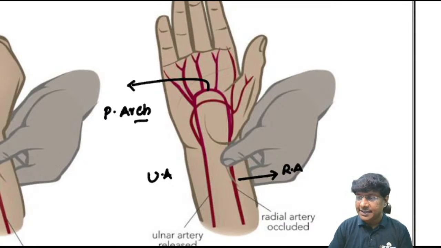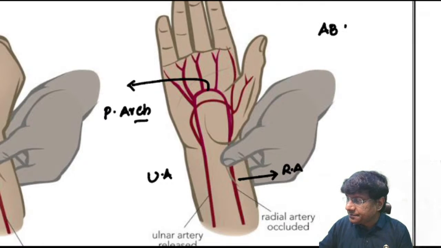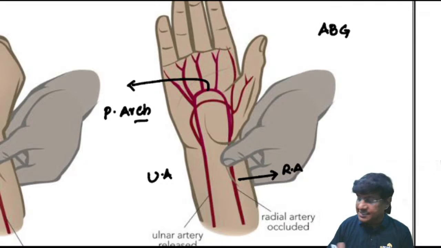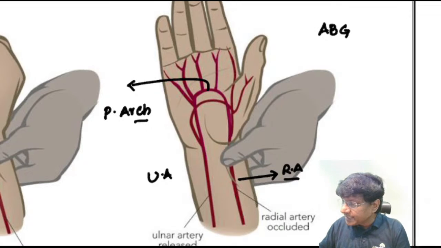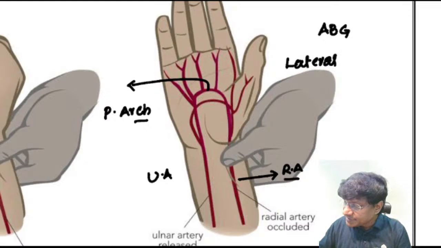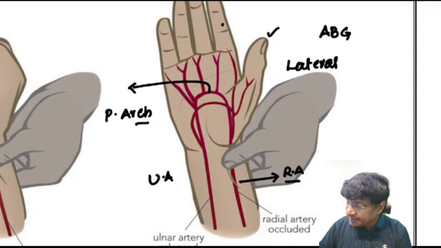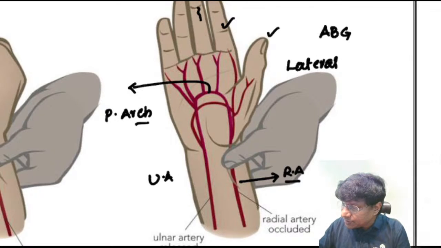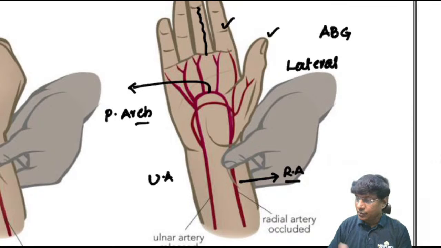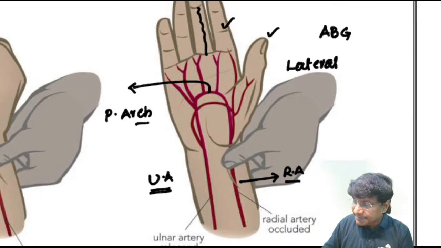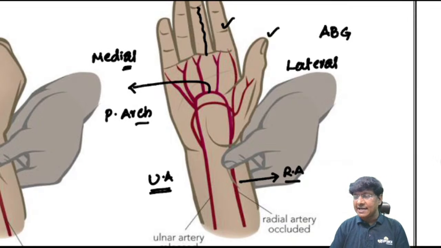The radial artery supplies the lateral 2.5 fingers: the thumb, the index finger, and the lateral part of the middle finger. Whereas the ulnar artery supplies the medial half of the fingers.